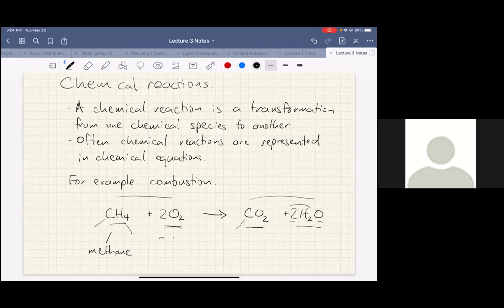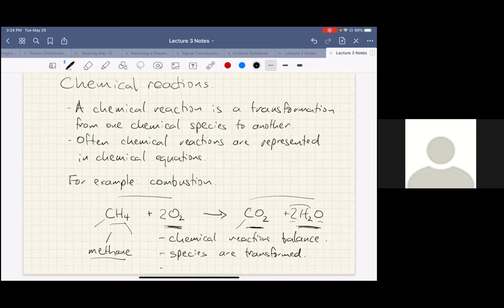So chemical reactions balance. One point to take away here. Another is that species are transformed. So by species, I mean, here we have methane, here we have oxygen, and that's transformed into carbon dioxide and water.